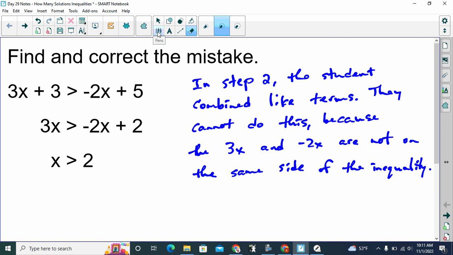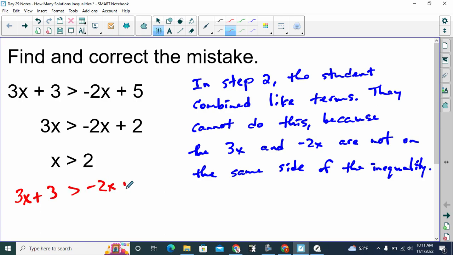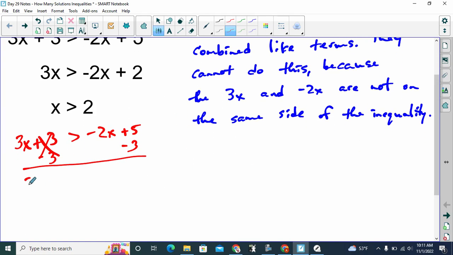It also asks us to correct the mistake and solve the inequality. So let's go ahead and rewrite it as it was written. Let's do it in the same steps that they did it here. So the first thing they did was subtract 3 from both sides, and we said that was okay. So really on this first step, all we're doing is copying down step 2 there. We said that step was all right. 3x is greater than negative 2x plus 2.